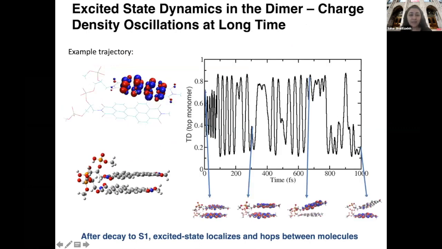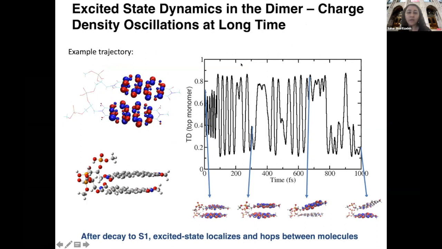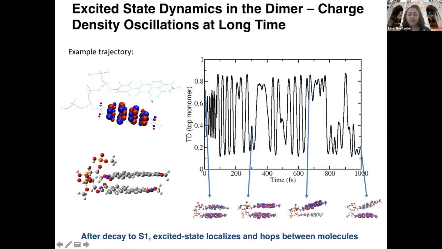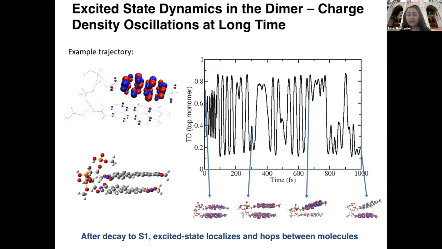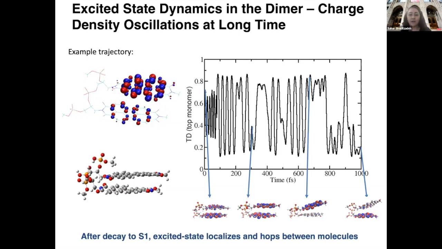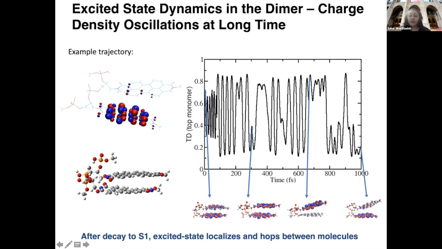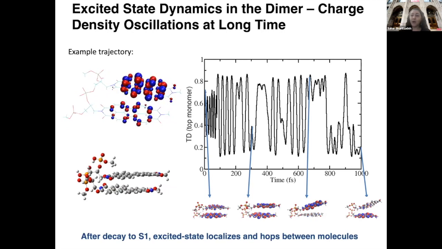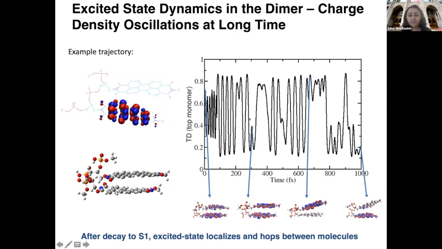When we look at the transition density, and I should say this is for one of many trajectories sampled in this non-adiabatic dynamics approach, we see that while the exciton starts out delocalized, it starts to localize as the excited state decays to S1. It starts out delocalized, stays delocalized for a while, and then starts to hop back and forth between the top and bottom molecule once it has localized in S1.